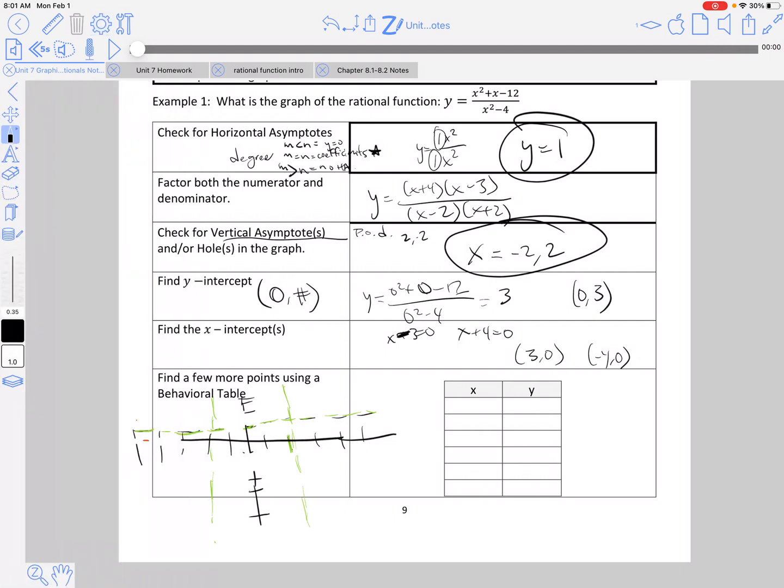So let's change the color. Let's do our intercepts. We have one at (3, 0), and one at (-4, 0). Then we have a y-intercept at (0, 3).